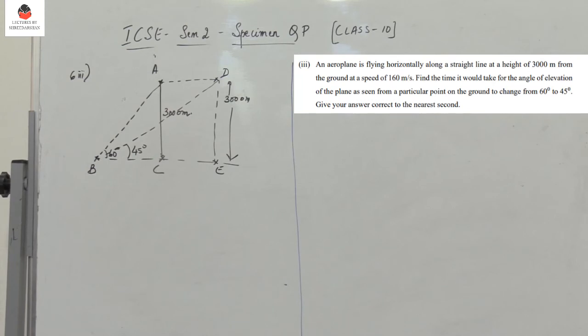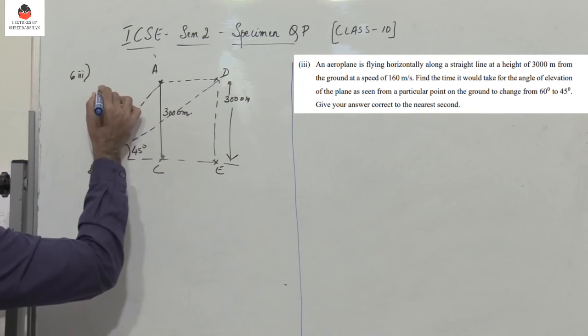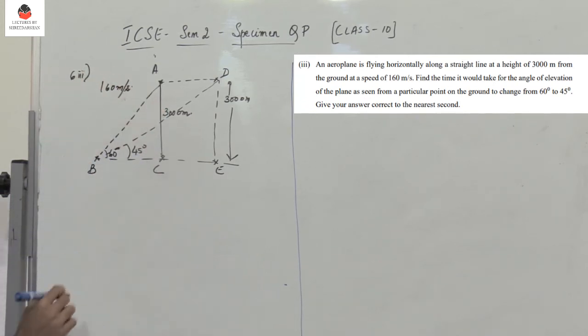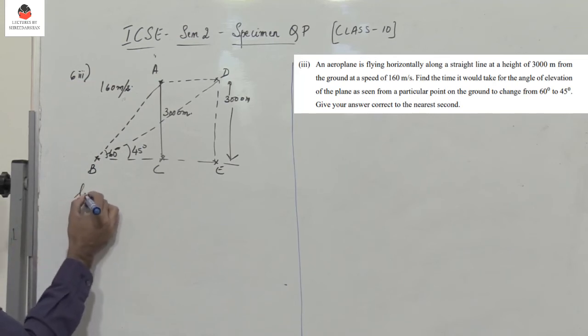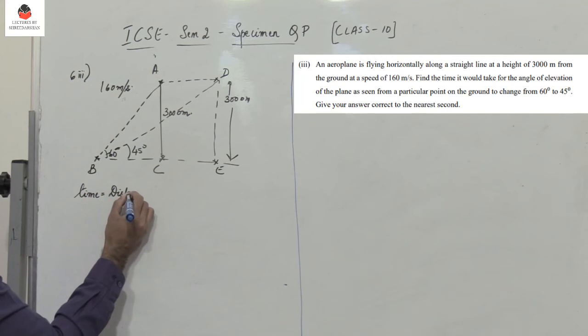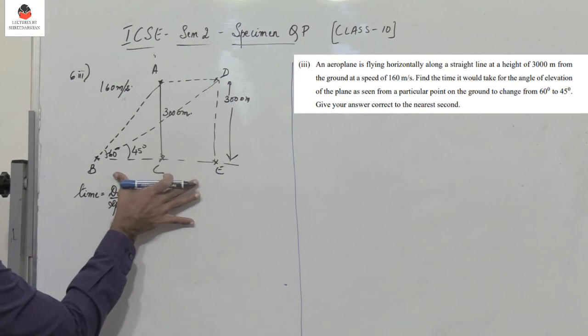So I need to find the time, and we know that the speed given is 160 meters per second, right? So we know that the time is distance by speed. Okay, it's distance by speed. So first let us try to find out this distance.